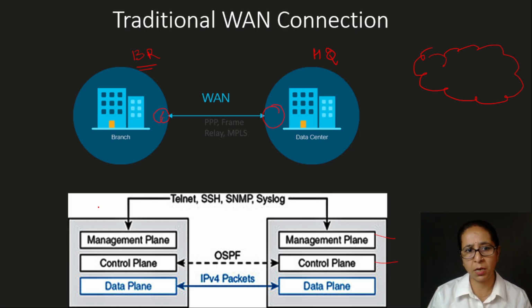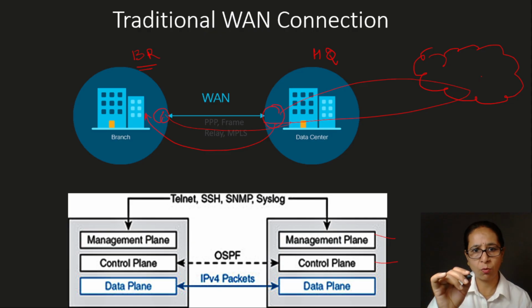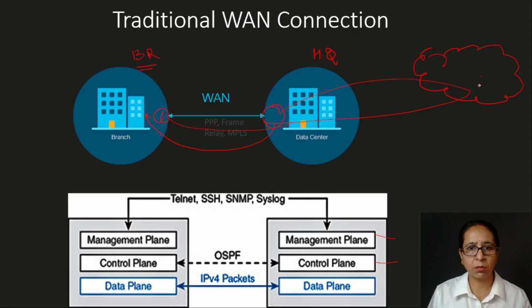Suppose any user in the branch office wants to access the cloud. In a normal scenario, the user traffic first goes to the headquarter devices, which observe the request and then forward it to the cloud. Then the reply comes to the headquarter, is observed, and is forwarded to the branch office. So the route was long, although the cloud is accessible.